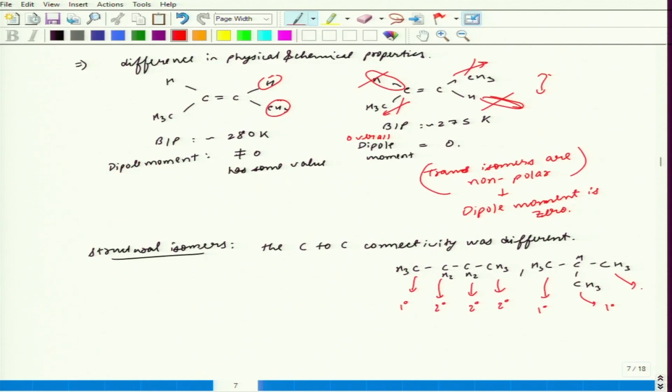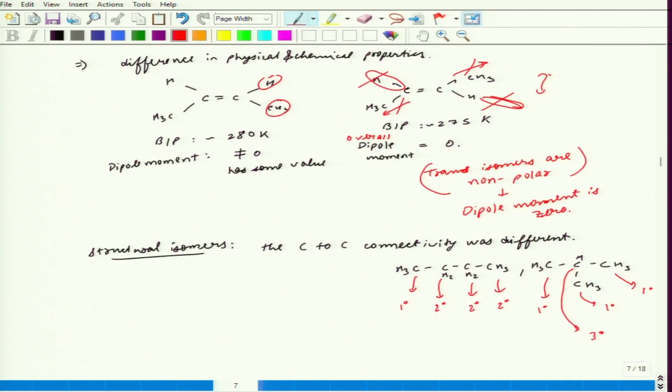This one is attached to only one carbon, 1 degree, and this one is 3 degree, attached to 3 carbons. So in structural isomers we changed the bond to bond connectivity. The bond to bond connectivity will also lead to a difference in the number of primary, secondary, or tertiary carbons in the given structure or molecular formula.